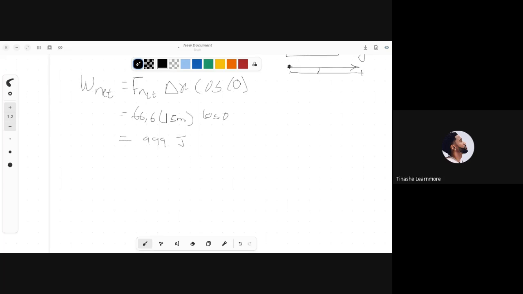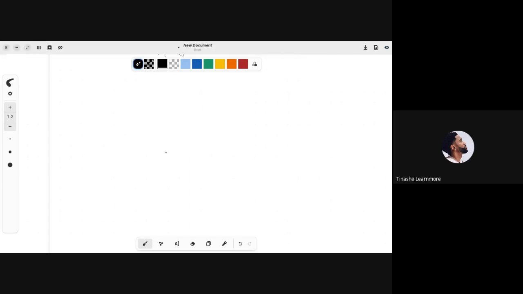Okay. So let's work on more open-ended questions. Here we are told that a constant force F is applied to a crate to move it upwards along a frictionless inclined plane. So we've got an inclined plane like so, and then we have a crate, and a constant force of magnitude F is used to pull it along.